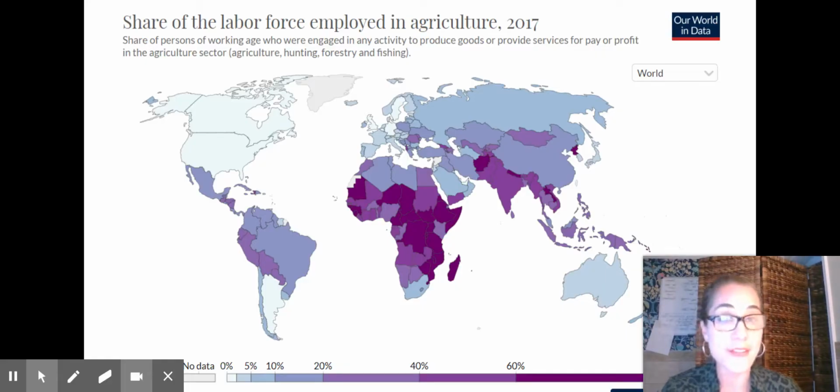If the family is a farming family, they need more children who are able bodied and able to work the land. So if infant mortality is high, there's more of a need for them to have more children to replace those that died, which is why fertility rate also is higher in places where you have a low level of development and a low level of industrialization.